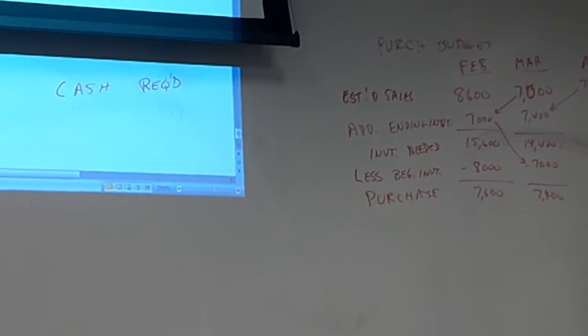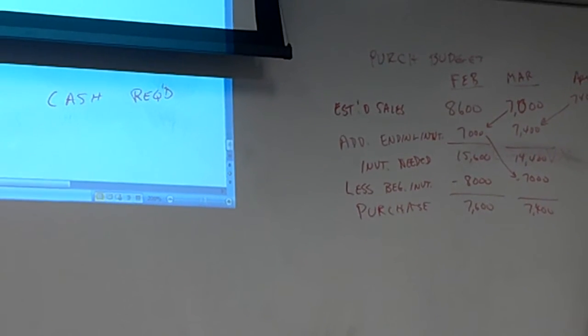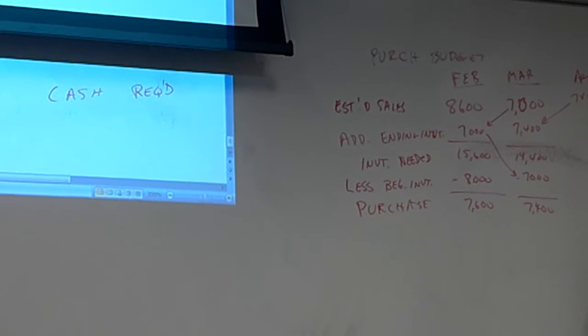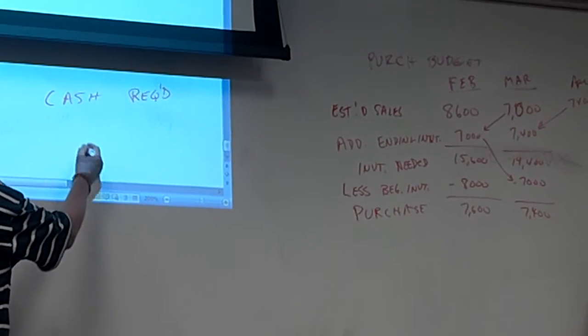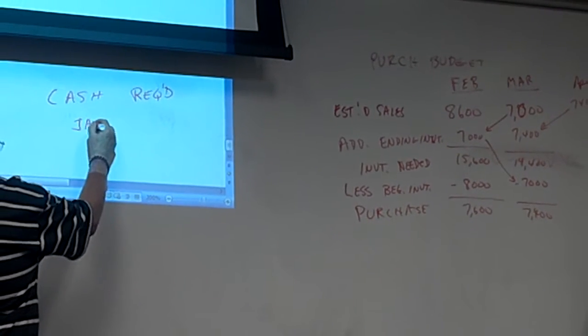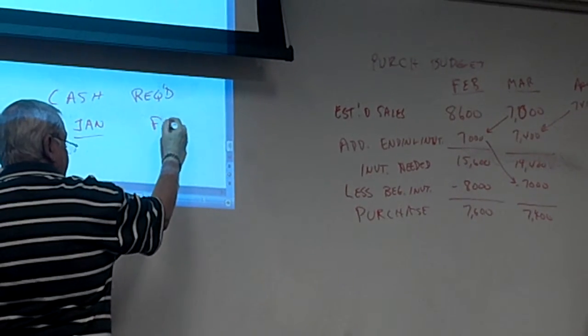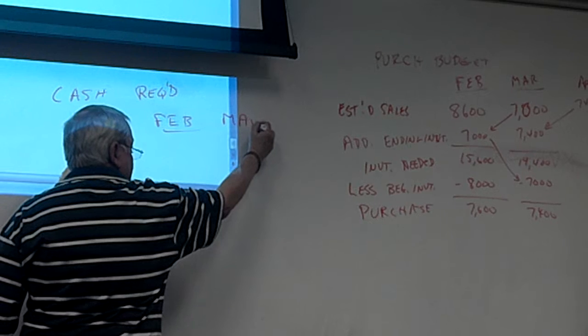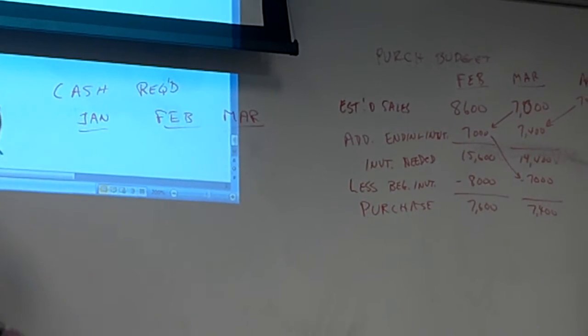They pay 60% in the month when they're delivered and 40% the following month. Okay, so we have January, February, and March to worry about.